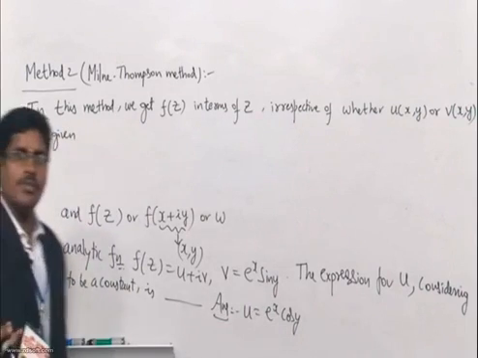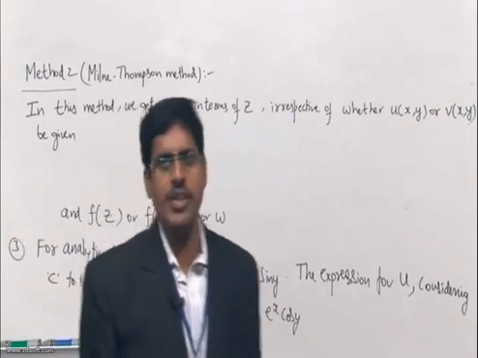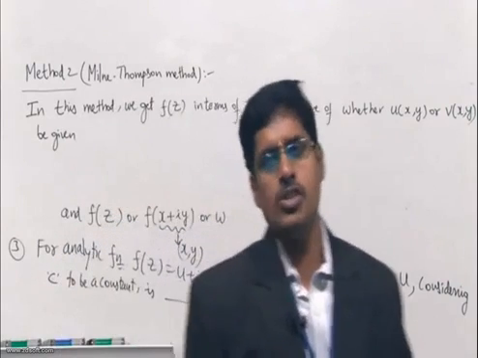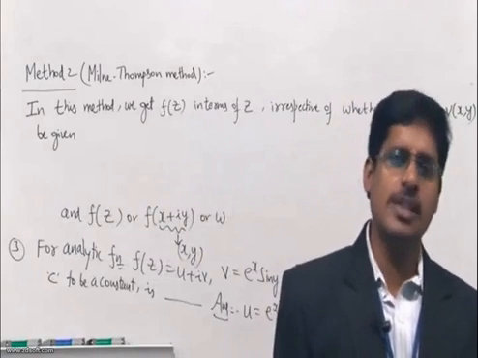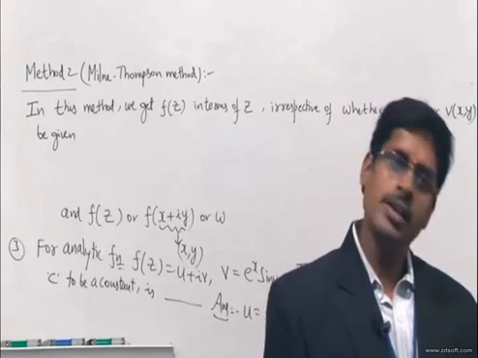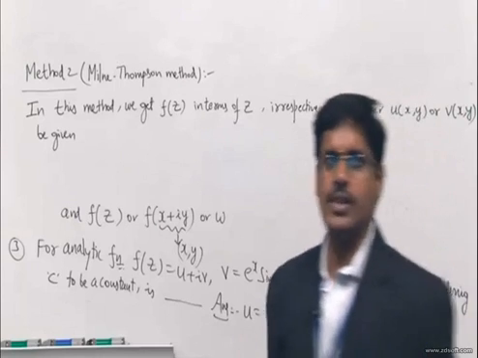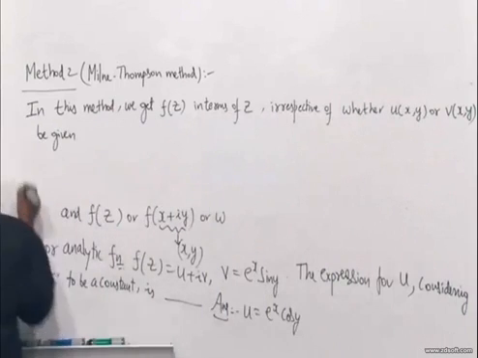In the previous problem, if u is given, then we got v and then substituted these u and v, after obtaining, in the given function f of z is equal to u plus iv, given in terms of x and y. But in this problem, directly in terms of z only it is given. Case A.